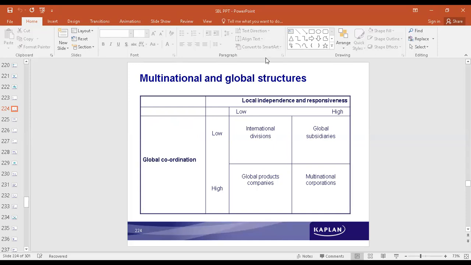And it was decided what type of organization structure it would be. That is, it could be international divisions or global subsidiaries, global product companies, and multinational companies.